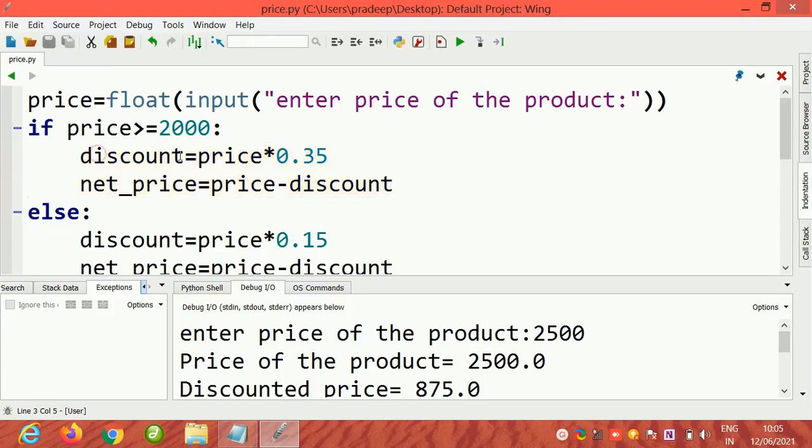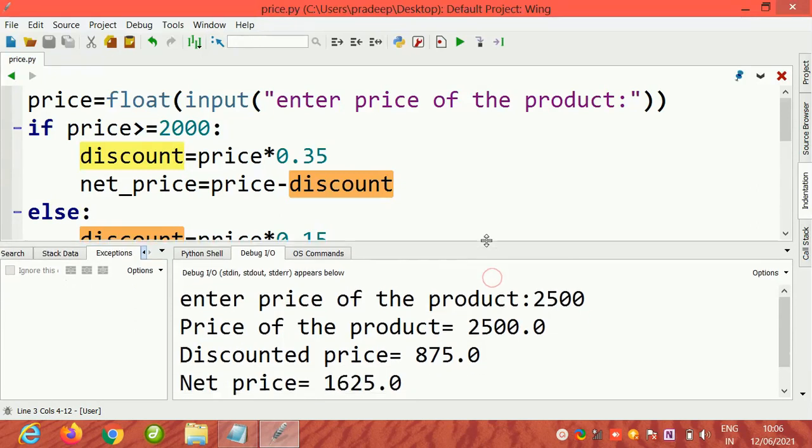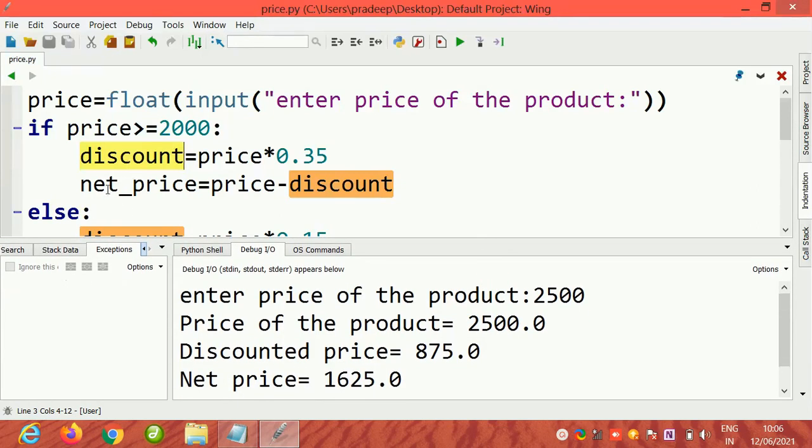Now discount equals to price into 0.35 means 35%. So your price is 2500, 2500 into 0.35. So whatever discounted price, your 875 is stored inside where? Discount variable. Like that, net_price equals to price minus discount.